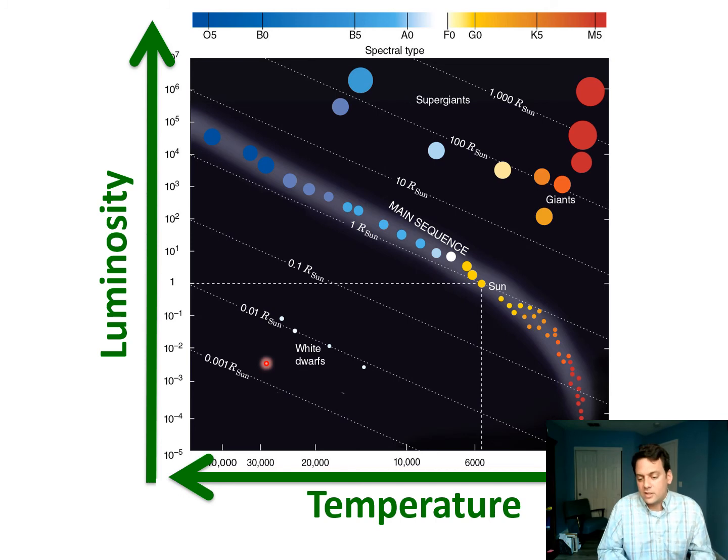That's something we're going to have to try to understand. On the other end, if we look at the giants and the supergiants, there are supergiants that are more than 1,000 times larger in radius than the sun. So, again, that means you could fit 1,000,000 suns into one of these supergiants.